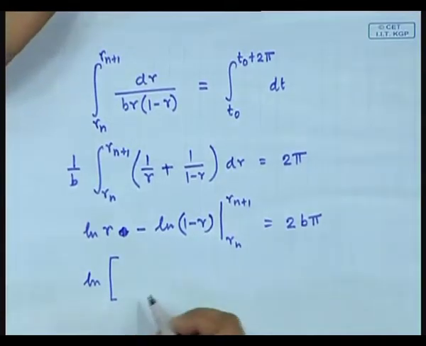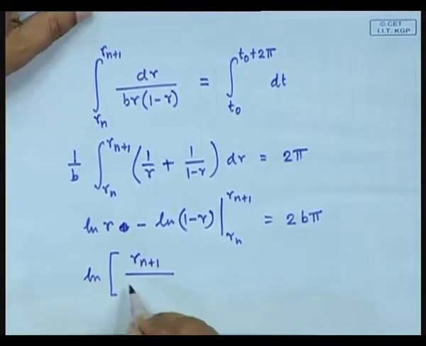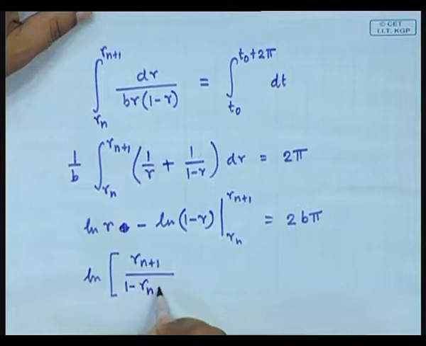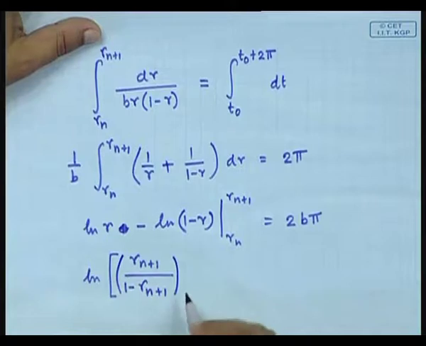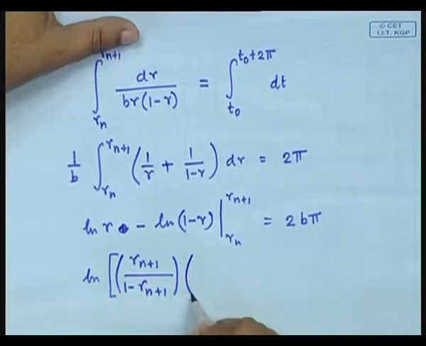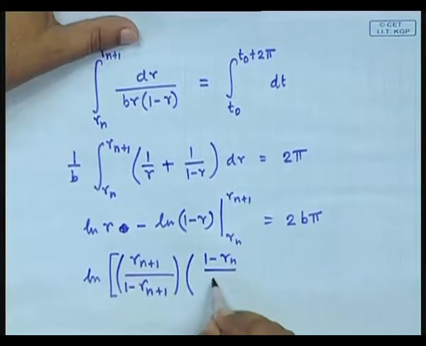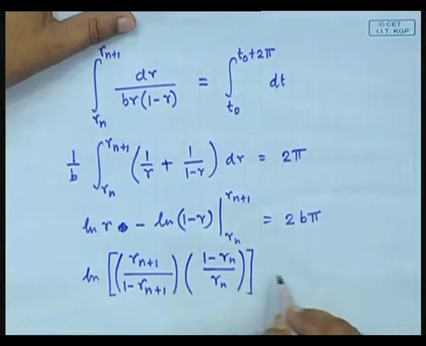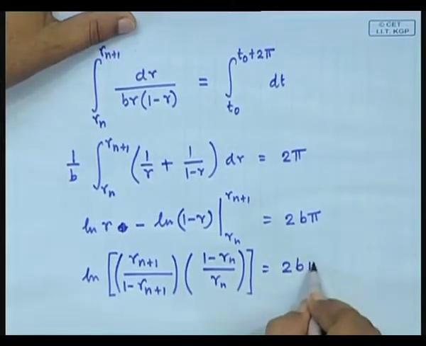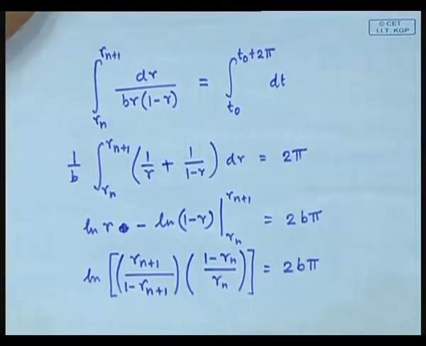So, it will be Rn plus 1 by, just check the steps, 1 minus Rn plus 1, this is one term, and the other term is 1 minus Rn by Rn, is equal to twice b pi. Fine.